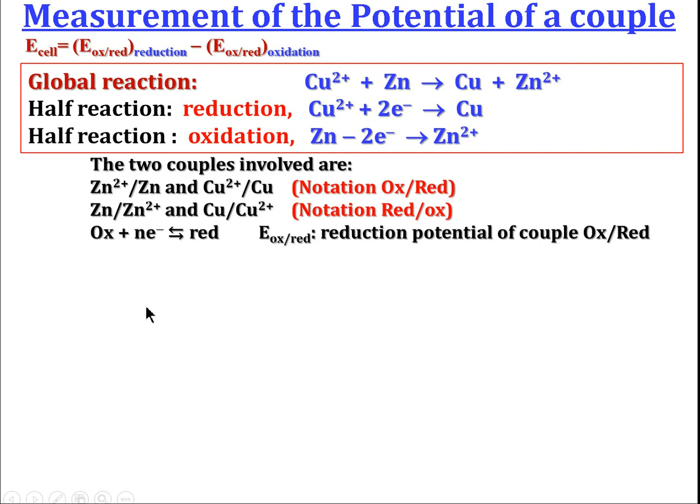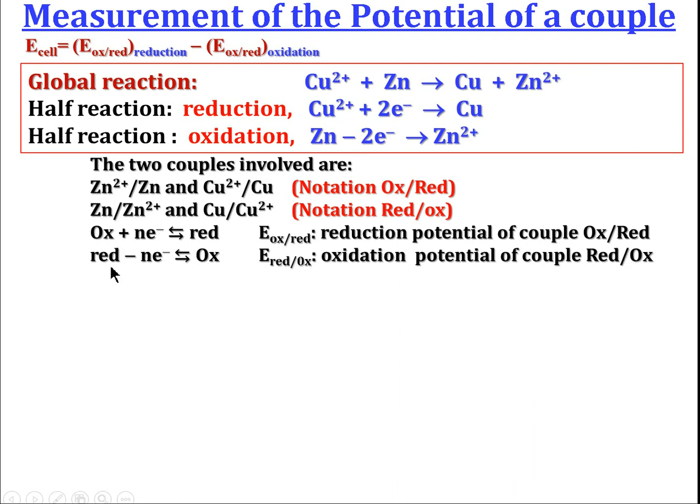And if we start from red to ox, we can use the notation E red/ox, which is the oxidation potential of the couple. And note that E ox/red of a couple equals minus E red/ox of the same couple.